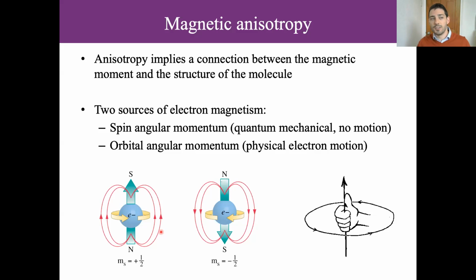But by and large, it's the orbital component of the magnetic moment which is the one that dominates the anisotropy terms. And this is why, of course, spin-only radicals have very small anisotropic G values or zero field splittings if they're interacting, there's biradicals. Whereas when you go to transition metals, where you start having orbital degeneracies and things like this, you get much larger anisotropy. So it's the orbital part that's important.